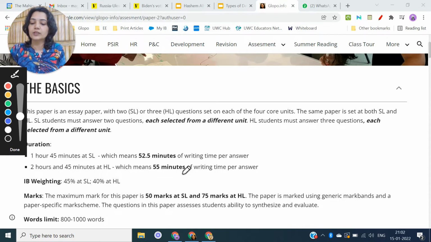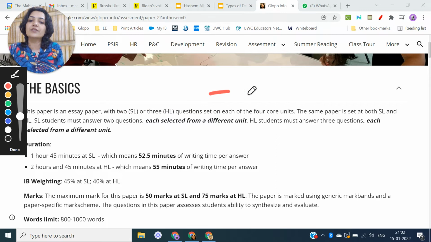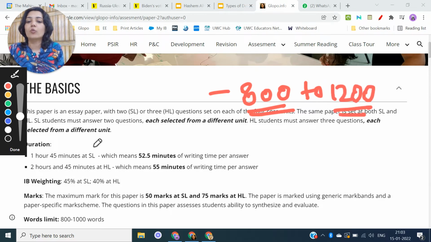Now let's go further about the words. You may have this question, how many words am I supposed to write for this one? I generally suggest to my students, write from 800 to 1200. What is the ideal word count? For me, it's 1000 to 1200 words.